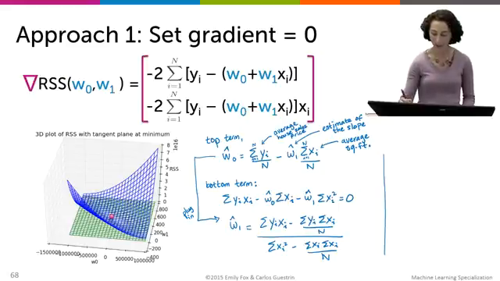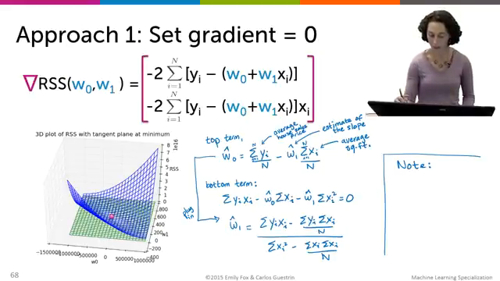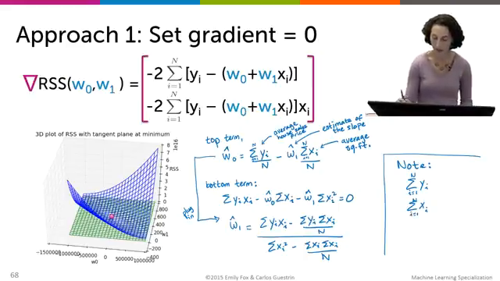And what we see, I want to note, is that to compute W hat 1 and then plug that in and compute W hat 0, we need to compute just a couple terms. We need to compute the sum over all of our observations yi, our outputs, the sum over all of our inputs xi, and then a few other terms that are multipliers of our input and output.